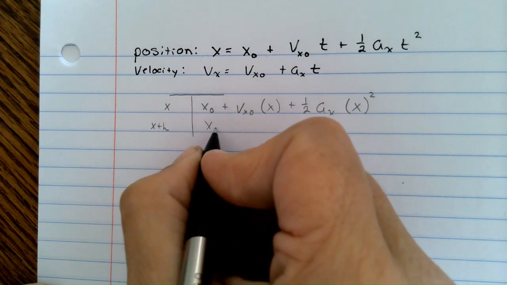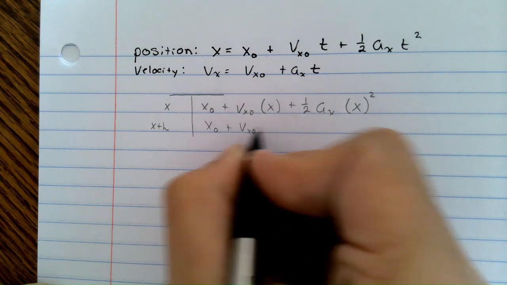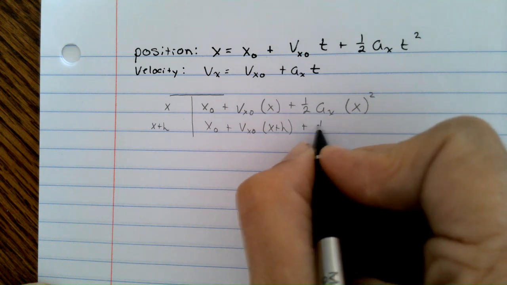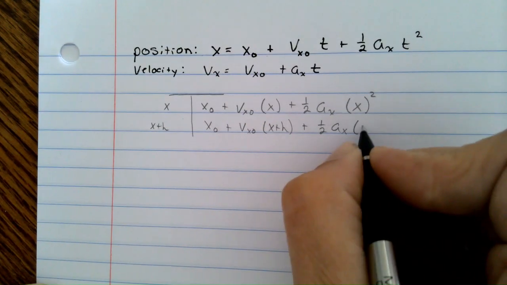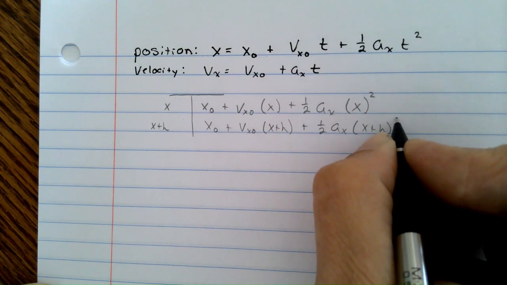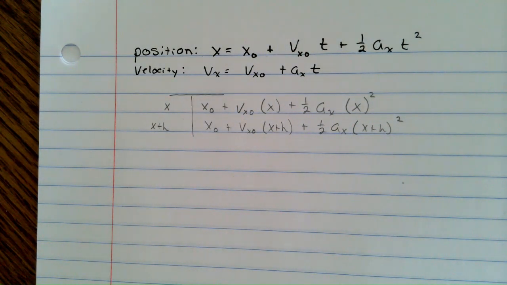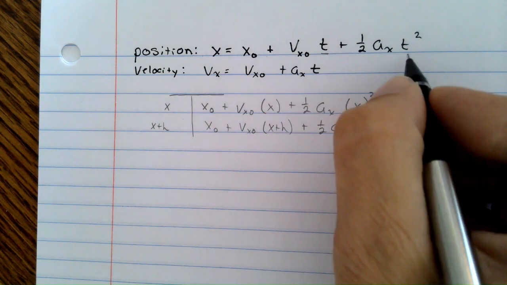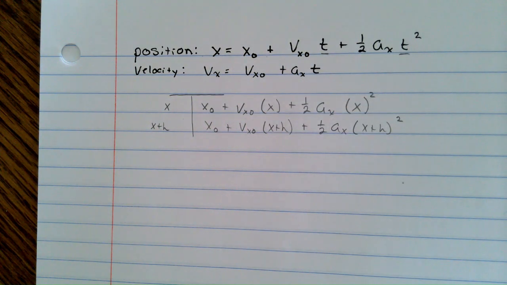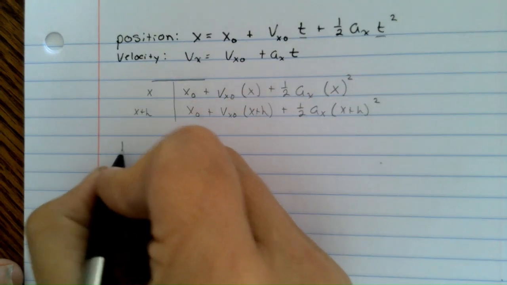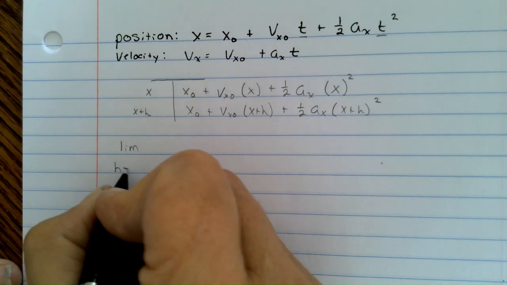This would be x sub 0 plus v sub x0 times x plus h, plus 1/2 a sub x times x plus h squared. So you'll notice that I put in the x and the x plus h for the respective t's here. Okay, now I'm going to do my limit process, right? The limit as h approaches 0.